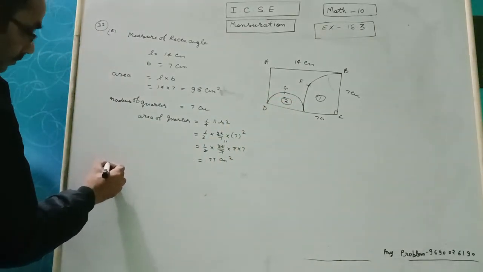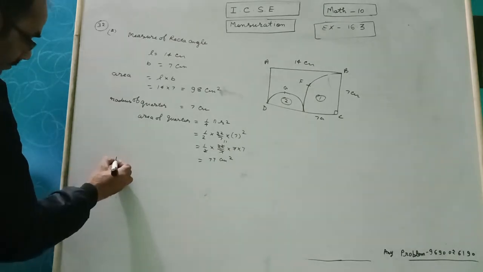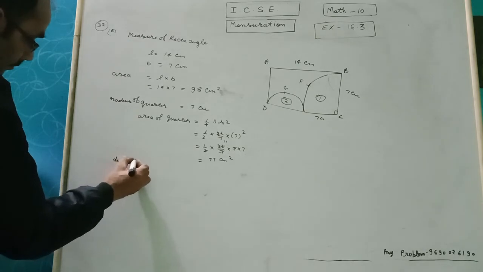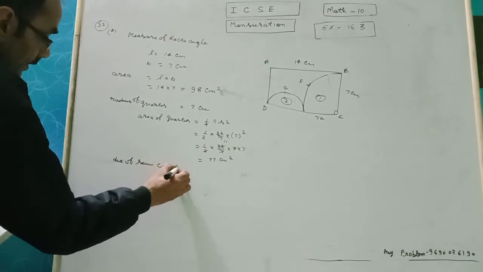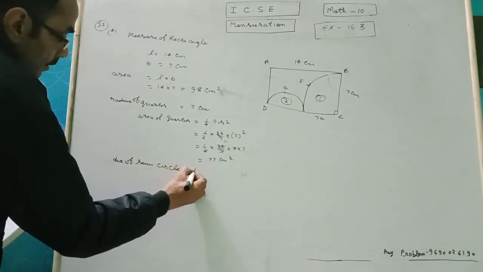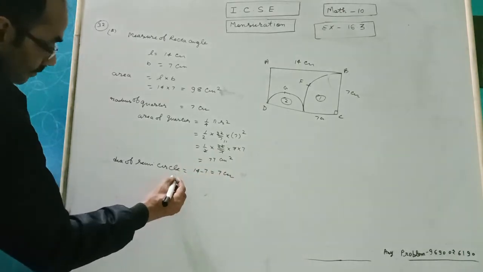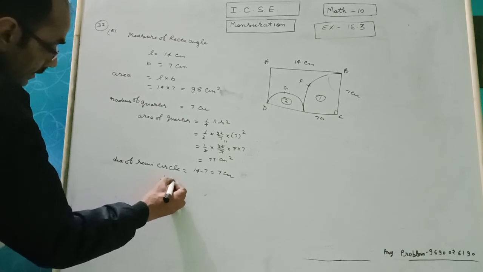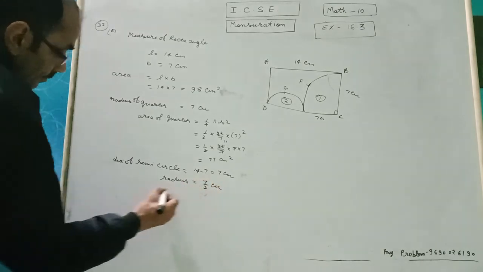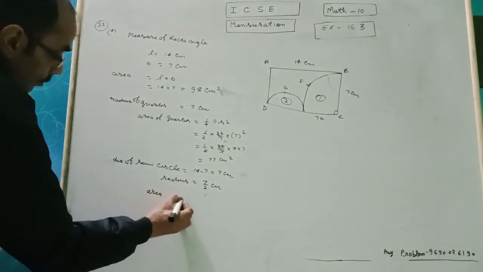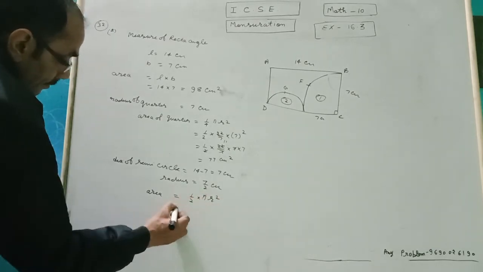Then semicircle, diameter of semicircle is equal to 14 minus 7 is equal to 7 cm. Then radius is equal to 7 upon 2 cm. Area is equal to 1 by 2 pi r square.